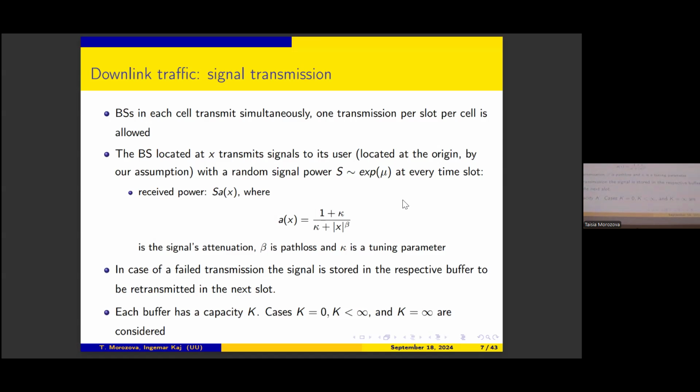For each of these cases, we get some results. Another thing is, if the signal is already in the buffer, it cannot be lost at all. So the base station is going to try to retransmit it as many times as it needs to. In this sense, we don't limit the number of retransmissions of one signal. We only limit the capacity of the buffer, but not the number of retransmissions from the buffer.